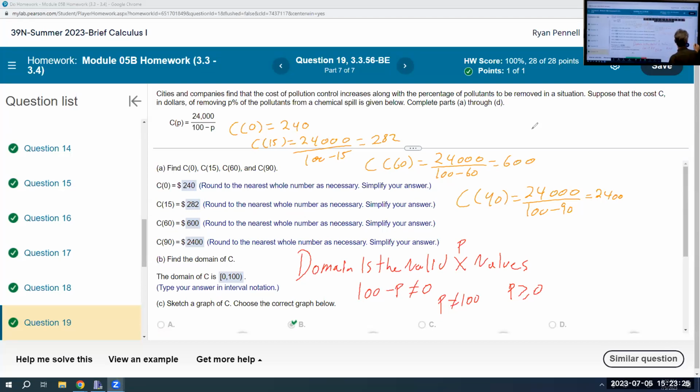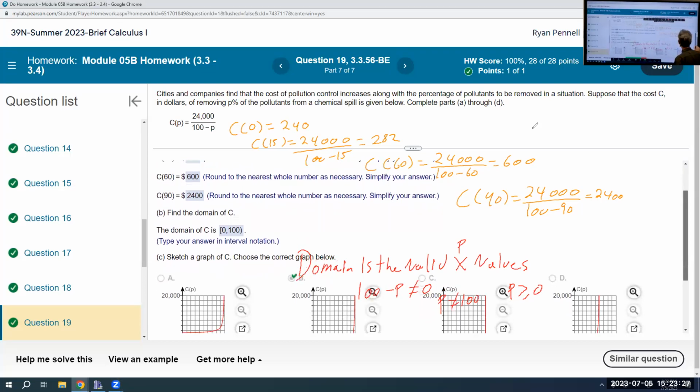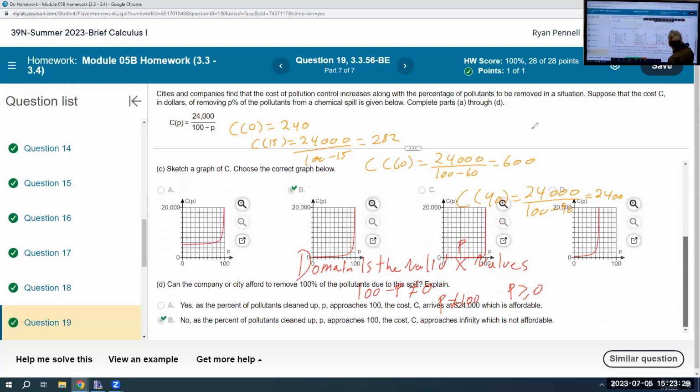Plug that in your graphing calculator and see the function, but it's not too bad. And then the last part, it says, can the company or city remove 100% of pollutants due to the spill? No, as the percent of pollutants approaches 100, the cost C approaches infinity.